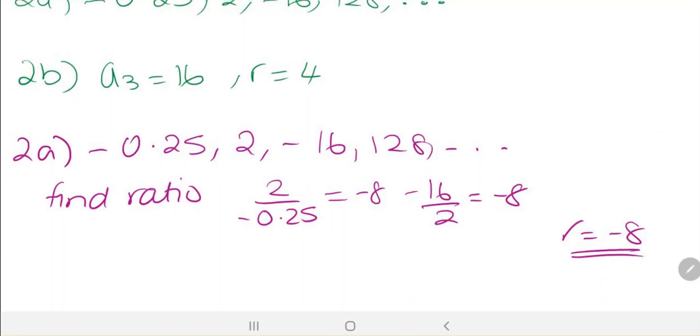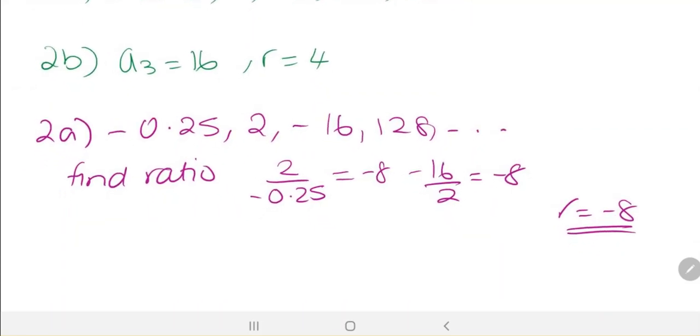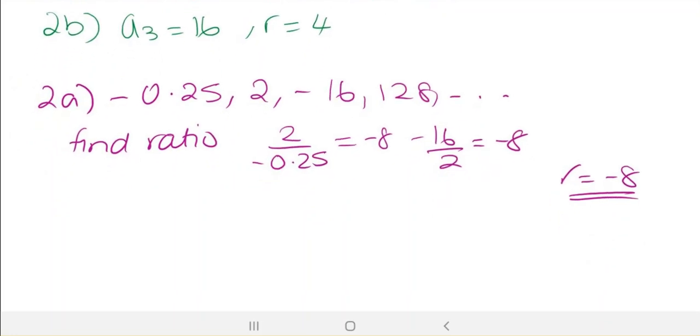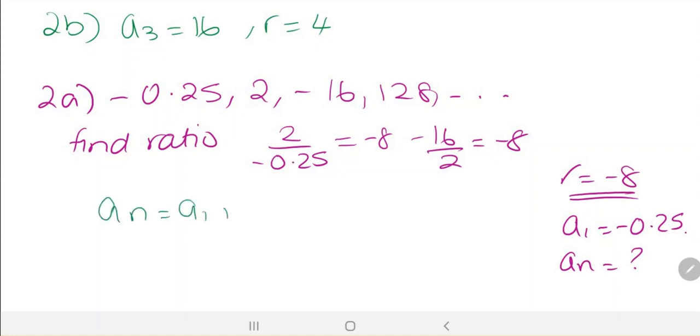So I'm going to put this into the formula. We know a1 is negative 0.25. We don't know the last term, an. So using the formula, an is a1 times r to the n minus 1.